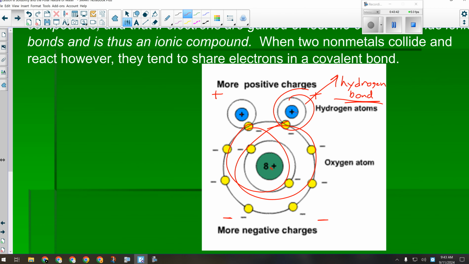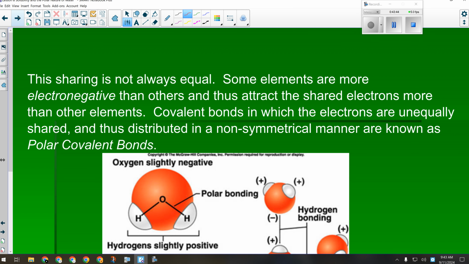Okay, so sharing in a polar covalent bond, and that's what we have to remember. This is a polar covalent bond. Electrons are not shared equally.